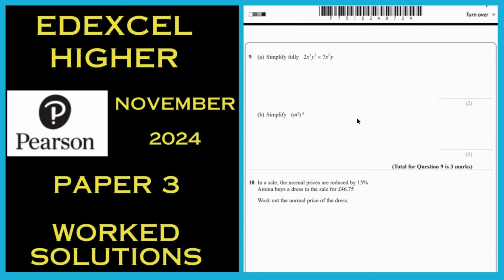Number 9 is laws of indices. When you are multiplying laws of indices, you add the powers. So deal with the numbers first. 2 times 7 gives us 14. Now let's do the x's. Add the powers, that's a 3 and a 2, giving us 5. Add the y's, but they've been sneaky.